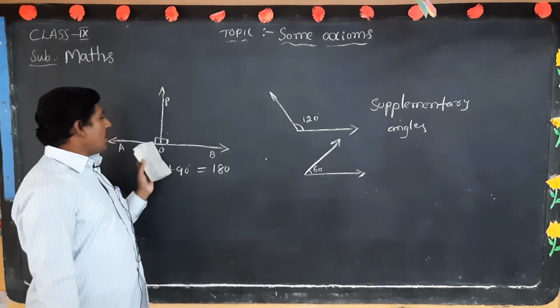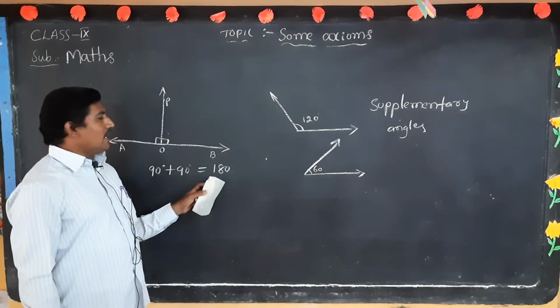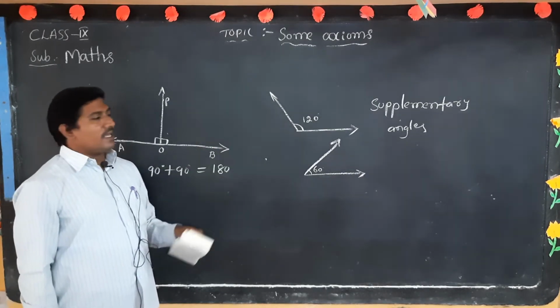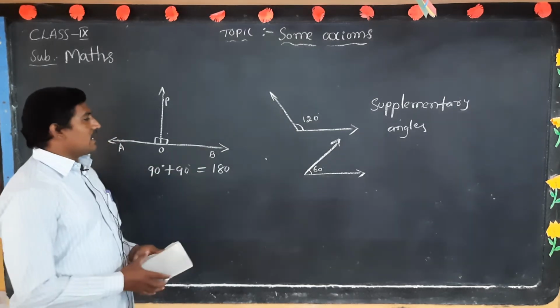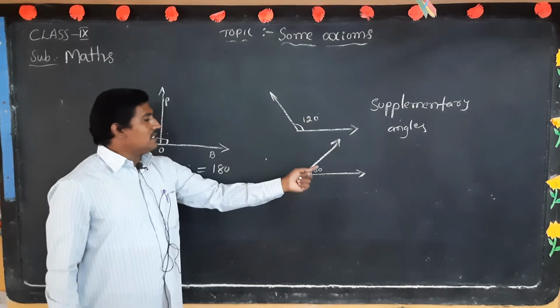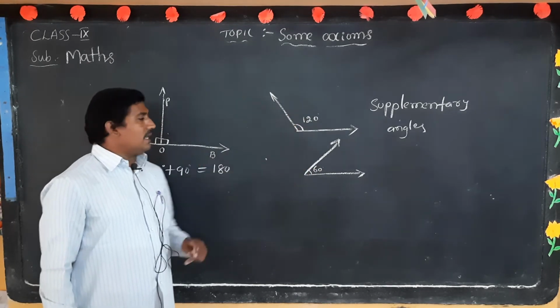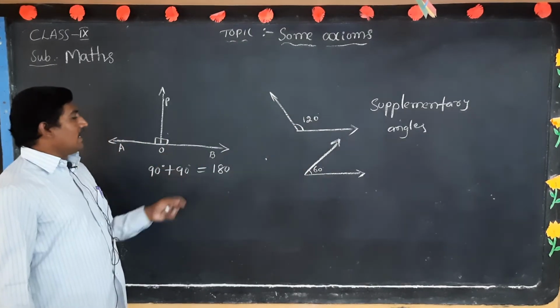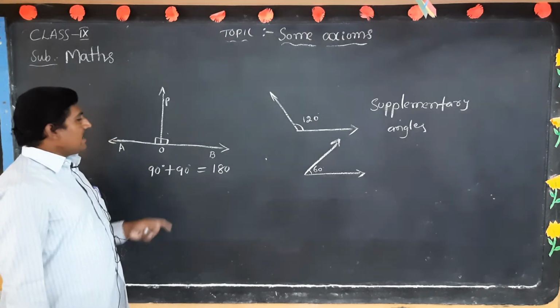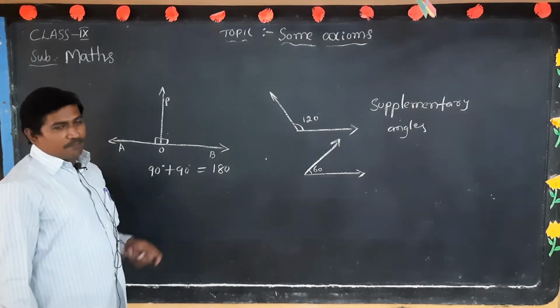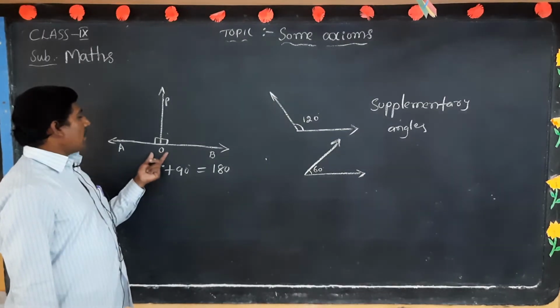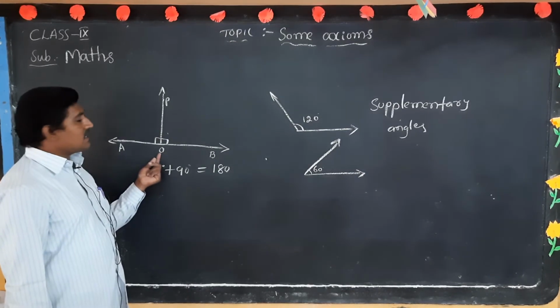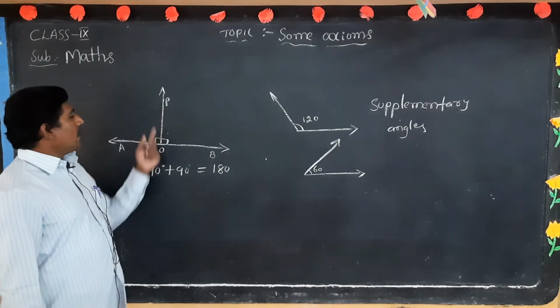Why? Here also, two angles adding gives 180 degrees. There also 180 degrees. What is the difference between linear pair and supplementary angles? Here just two angles adding gives 180 degrees, and here also two angles adding gives 180 degrees. But in linear pair angles we want adjacent angles. Adjacent means common arm, common vertex. Here O is the common vertex for OA, OP, OB.